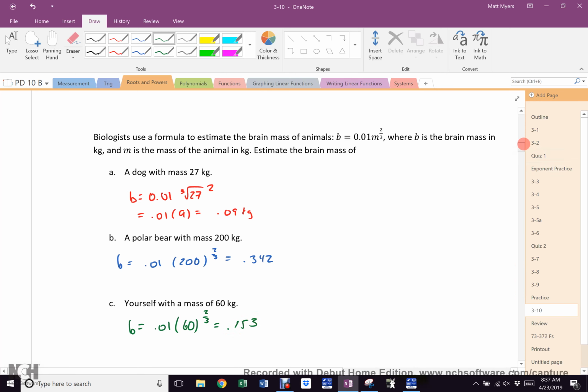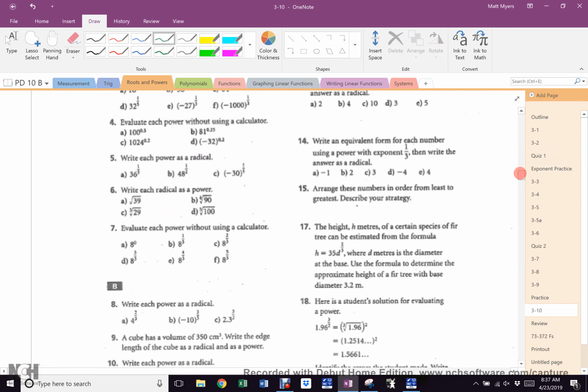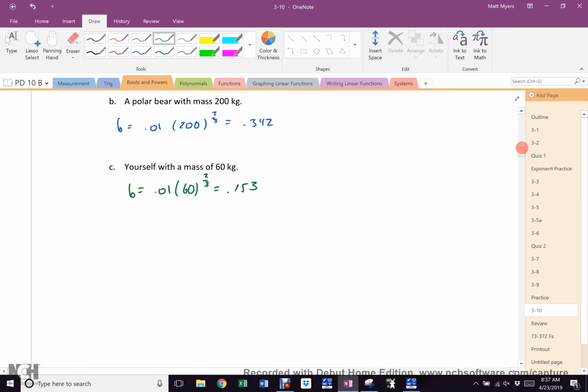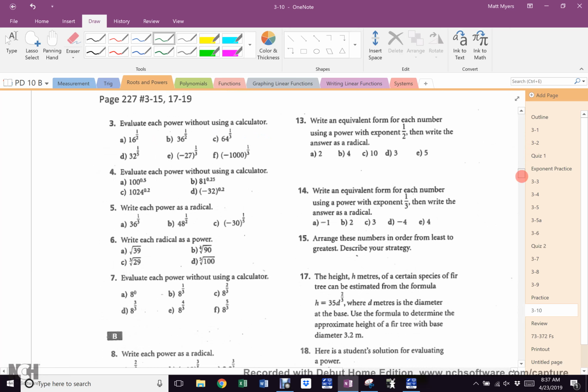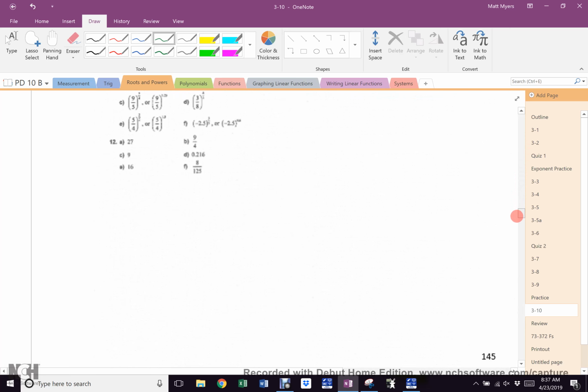Sounds good to me. Everybody's good, yeah? Easy peasy lemon squeezy. If it's going to work out, we put it in radical form. If it's not, we don't. Everybody cool? All right. You will do some practice on page 144.